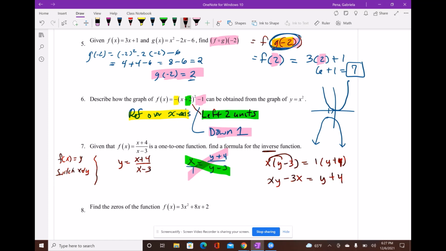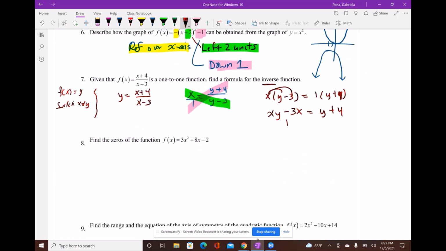Your goal when you get to something like this is to move your y's to one side. And it's always recommended that you move it to the left. So who should we move over first? 3x. The 3x, we move it to the other side. Perfect. We could do that. xy equals y plus 3x plus 4.